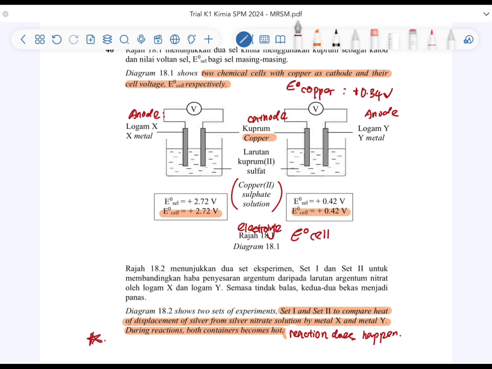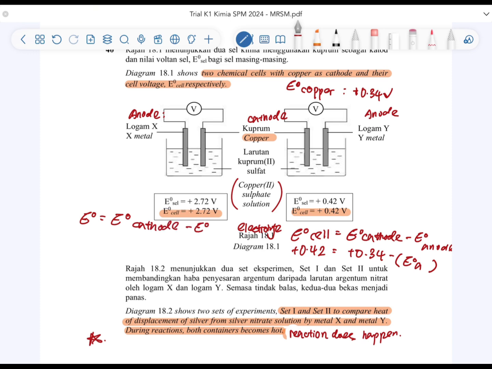So we have the cell voltage equals to the cathode minus the anode. So actually you can just put the values in. Then we can know what is the value for the anode, right? I will just leave it to you to calculate for it.